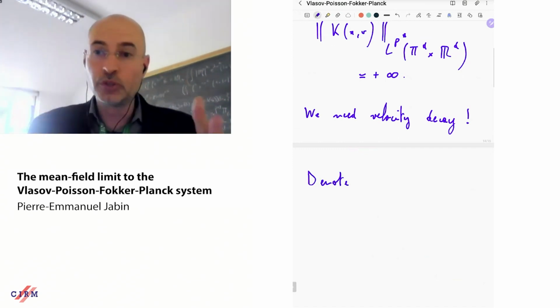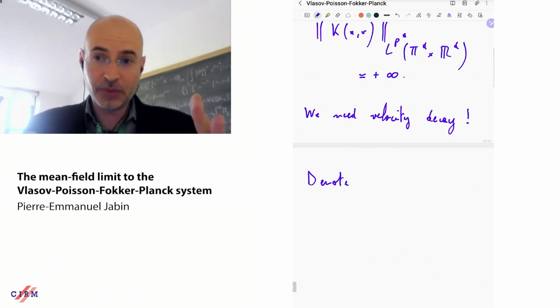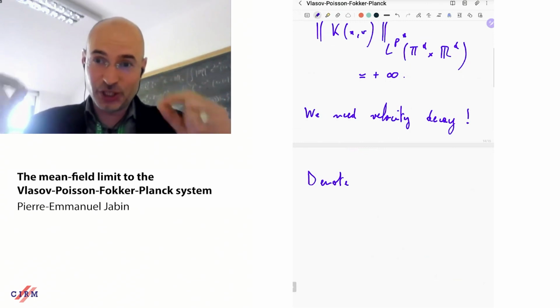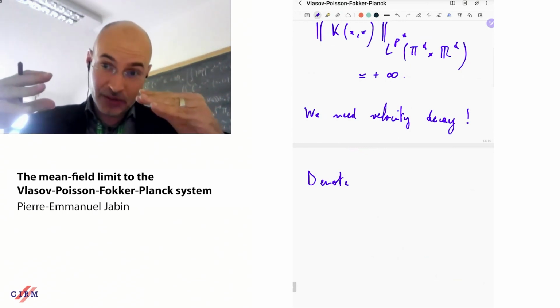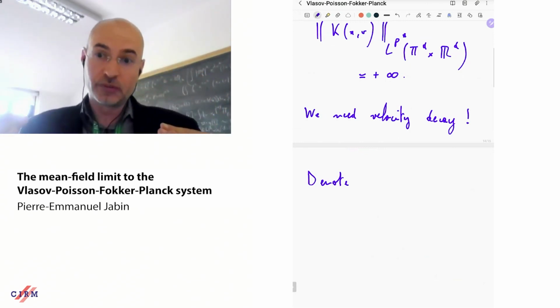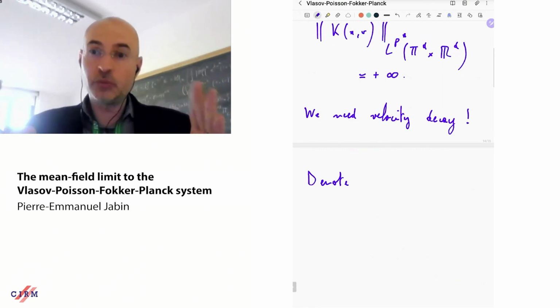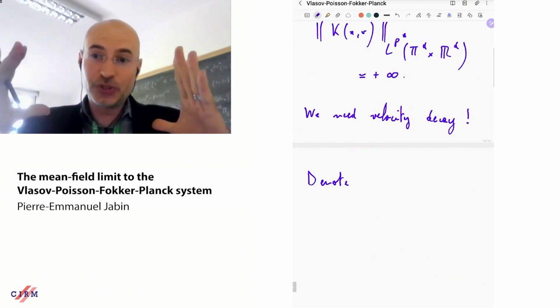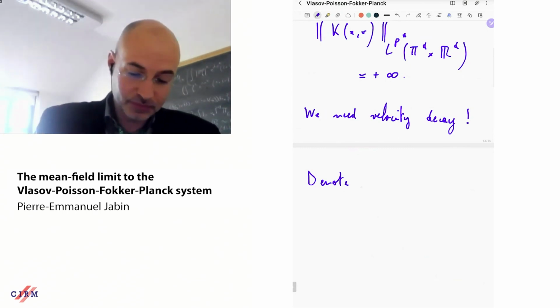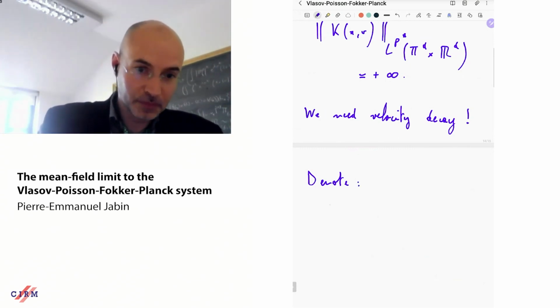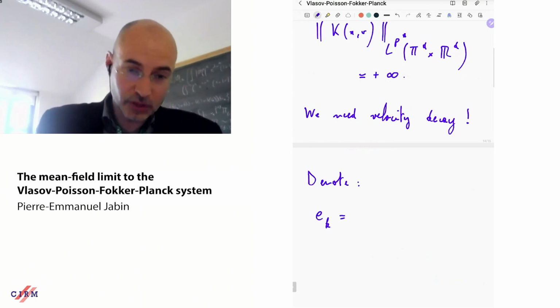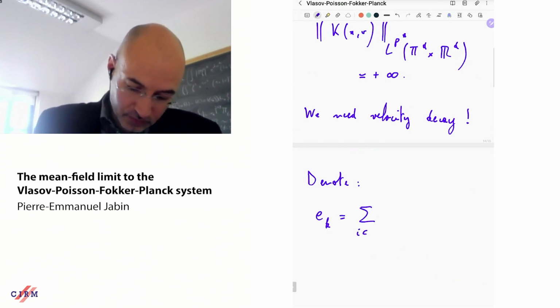I will use the actual energy of the system, but not the full energy because I need the decay on each marginal. So I will define a reduced energy, which is the energy of the system that is reduced to k particles. I'm going to have a little E_k, right?